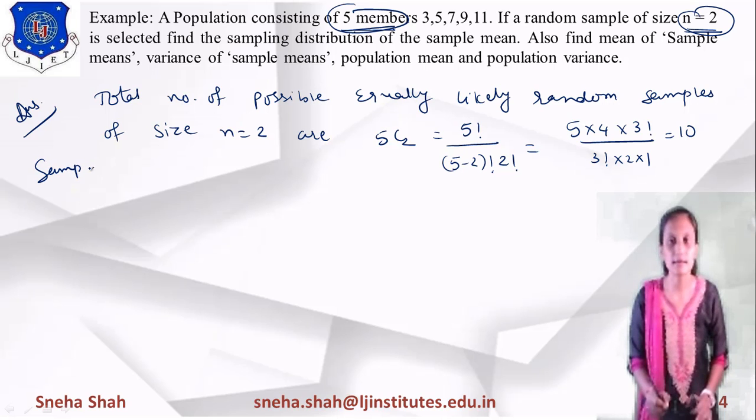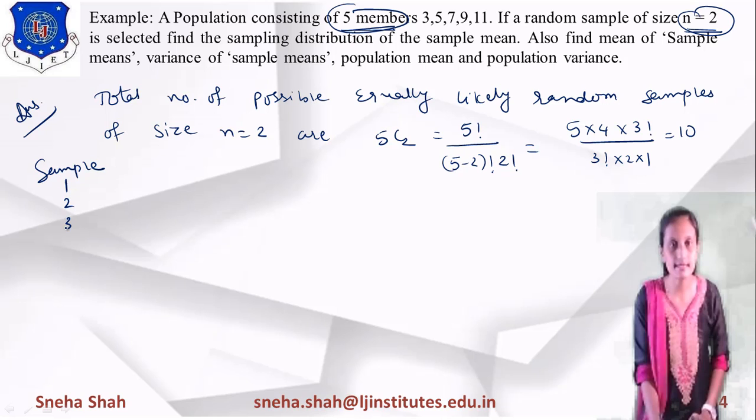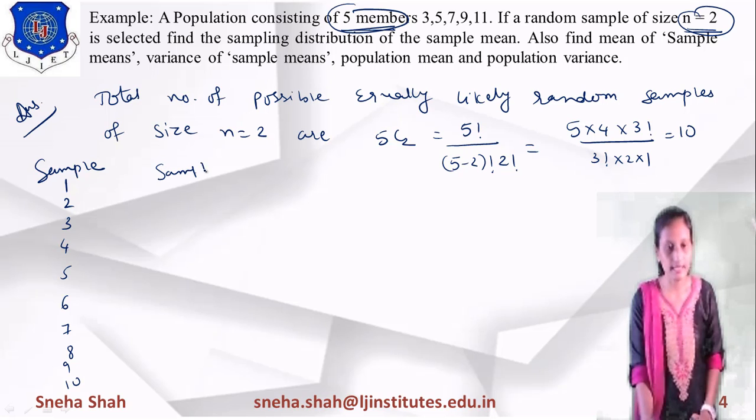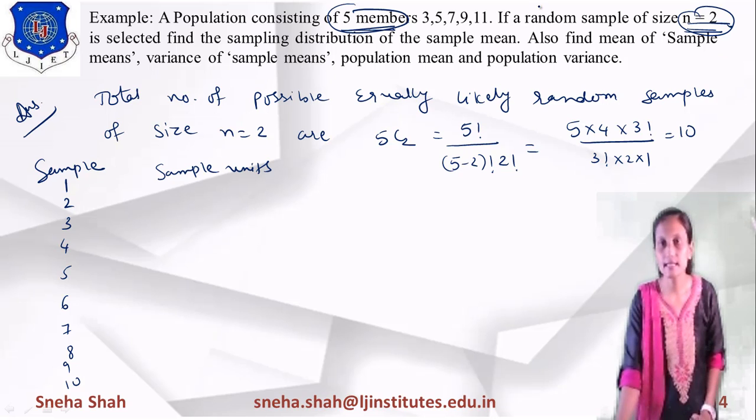So we take the samples as 1, 2, 3, 4, 5, 6, 7, 8, 9 and 10. For these samples 1 to 10, we take the sample units. In the sample units, we take a size of 2. From these 5 members, we take a group of 2.